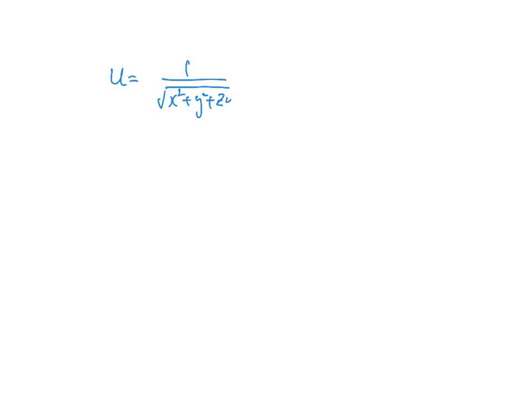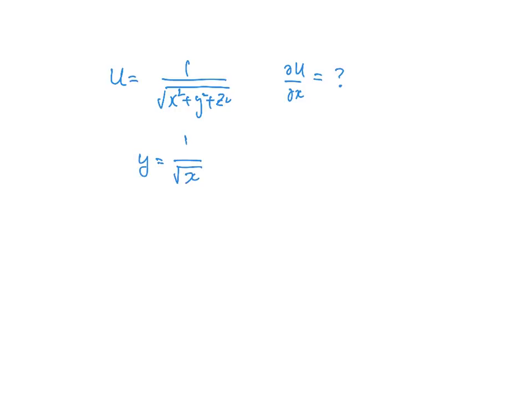Now we have a square root in the denominator. So how do we calculate the derivative? Let's start with this.